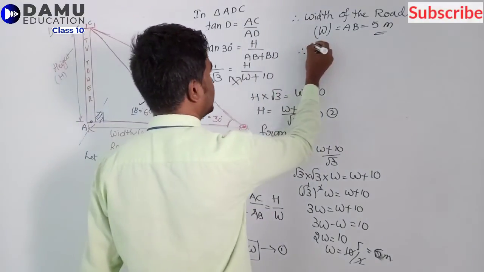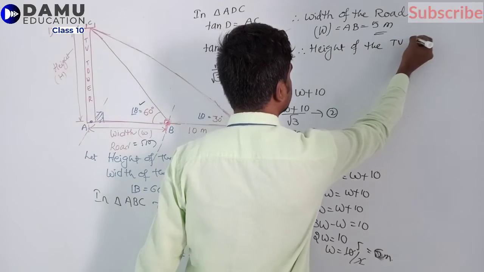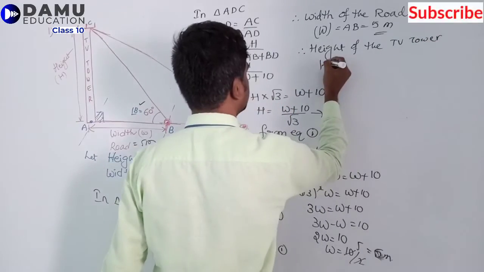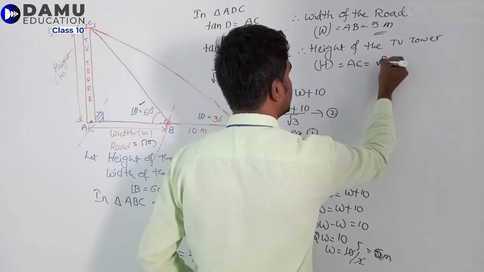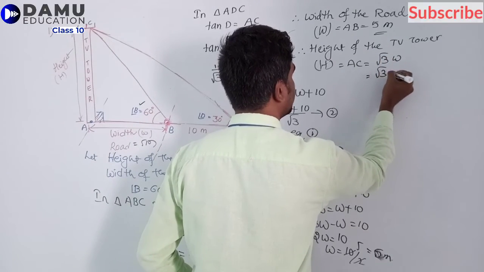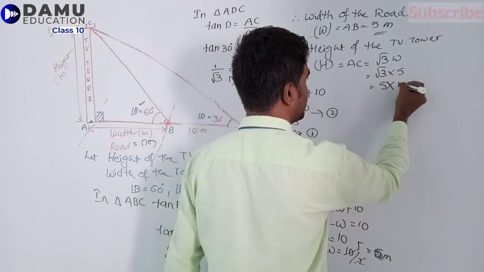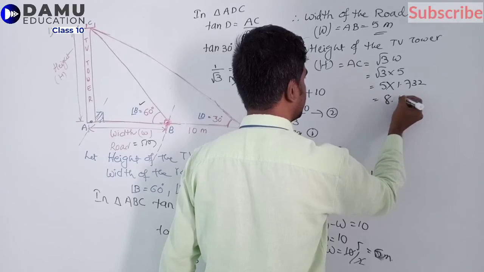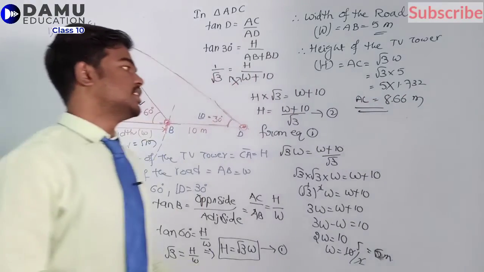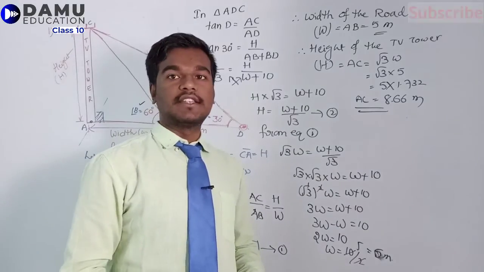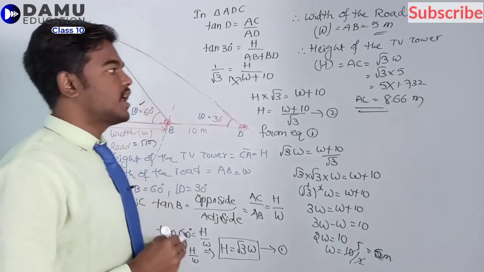The height of the TV tower, h, will be equal to AC, that is root 3 W. Root 3 into 5, with 1.732, we get approximately 8.66 meters. Actually, this is 5 root 3 meters.